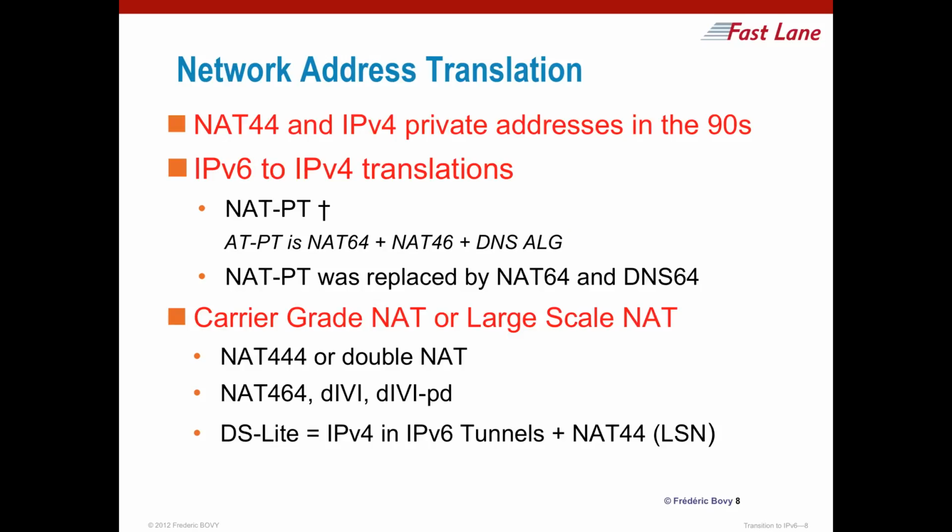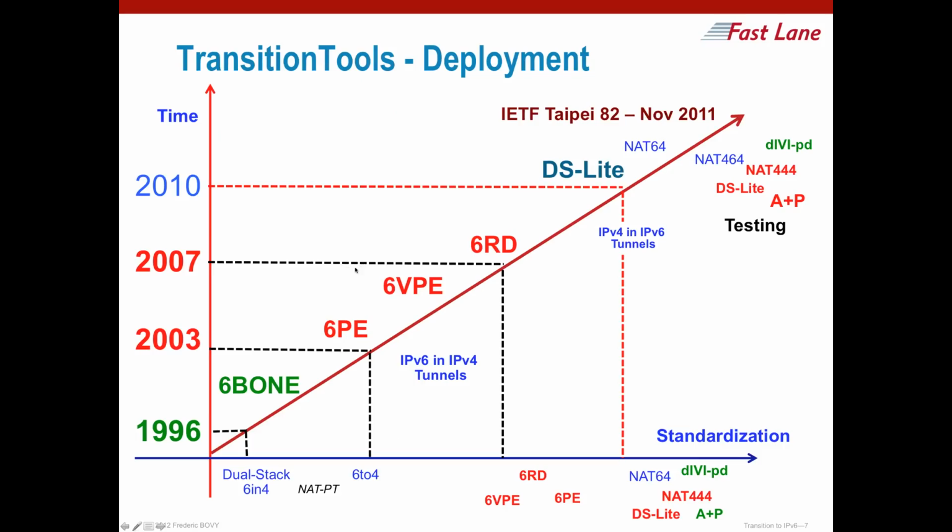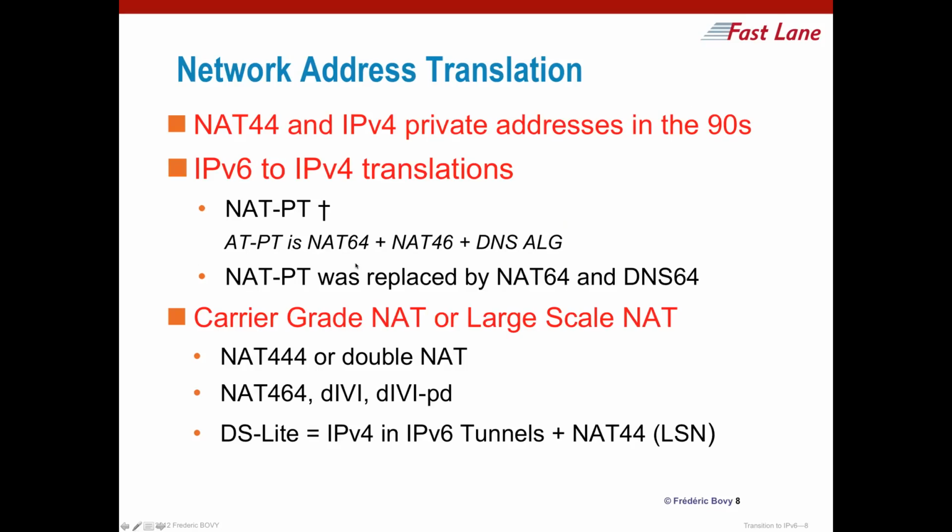So again, the very first step for transitioning to IPv6 was with network address translation, and the NAT 4.4 was really the first one in the 90s with the private addresses. It has permitted to extend the life of IPv4 20 more years with private addresses.